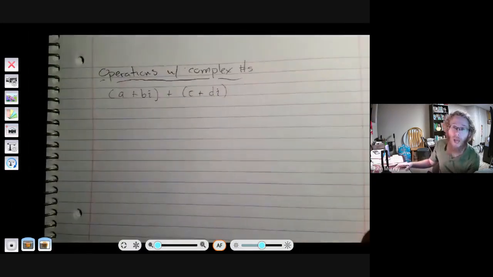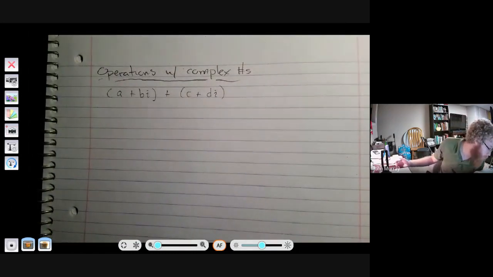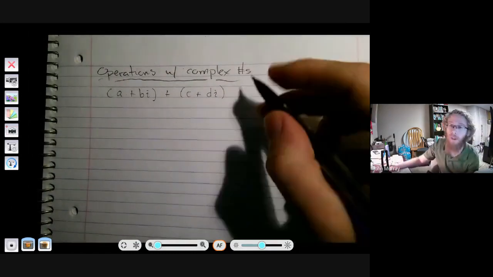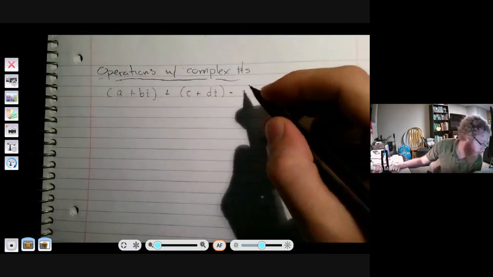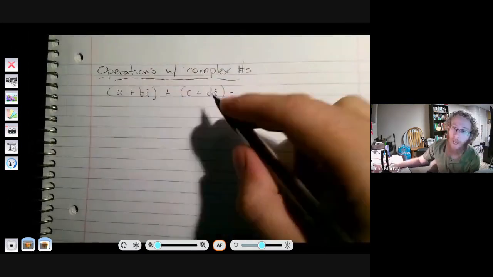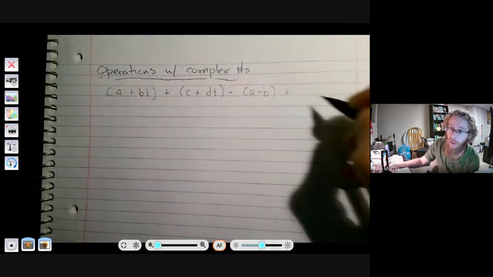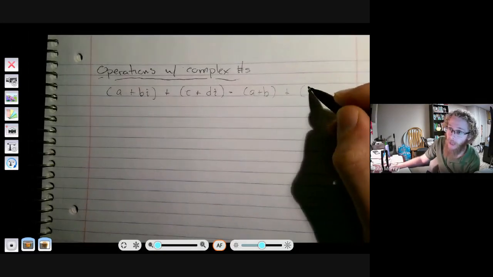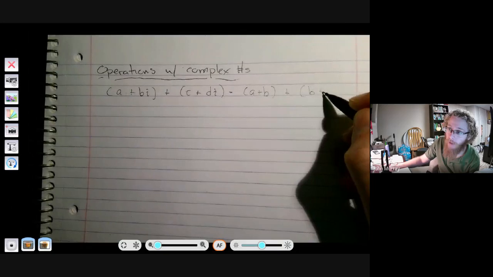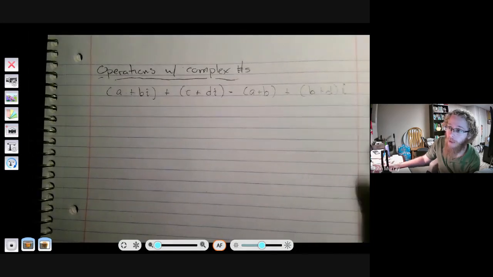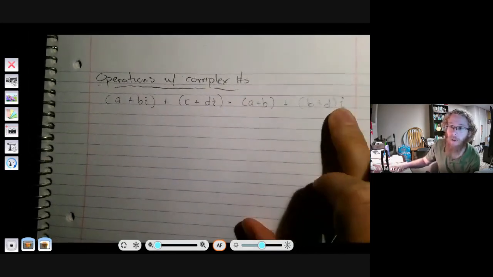All right, so if we're adding two complex numbers together, what you're going to do is add the real parts together, and then you're going to add the imaginary parts together, and then just tag on the i with it.